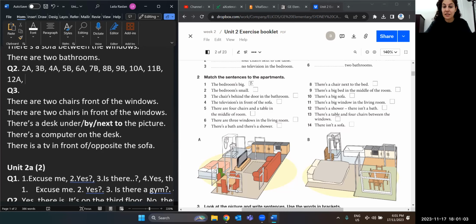Yes, A, because when you say something is between, it means there's 2 windows. So that's A, because number 1 and number B only has 1 window. So 13A. And the last one, there isn't a sofa. B, no sofa.